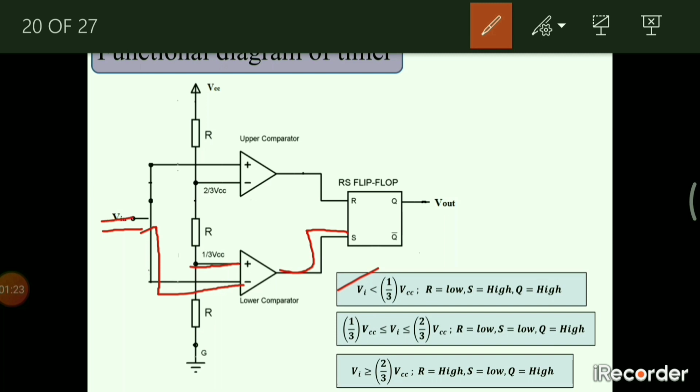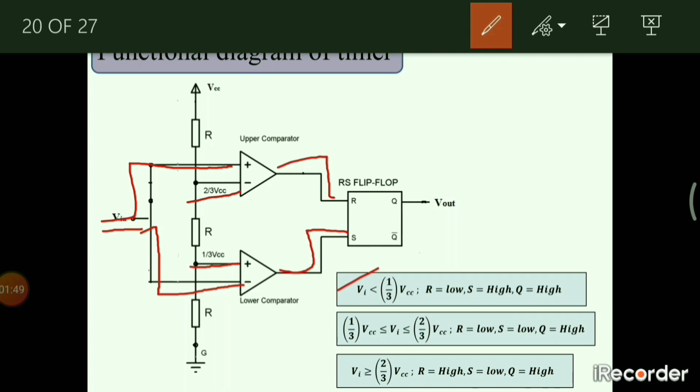Similarly, this VI is given to the positive terminal of the upper comparator. The value of this positive terminal is less than 1 by 3 VCC. For the negative terminal, the value given is 2 by 3 VCC. So here the value of the negative terminal is more than the value of the positive terminal.